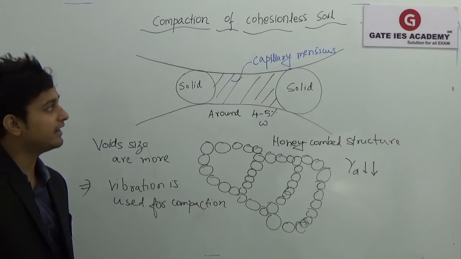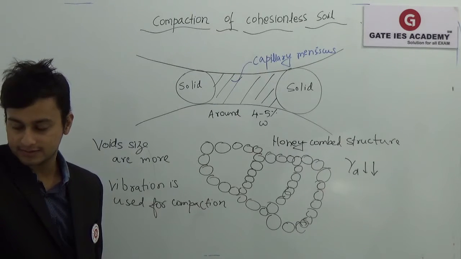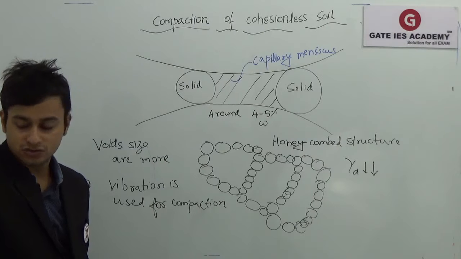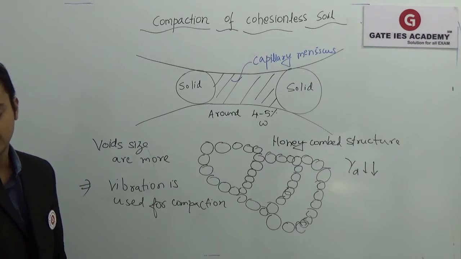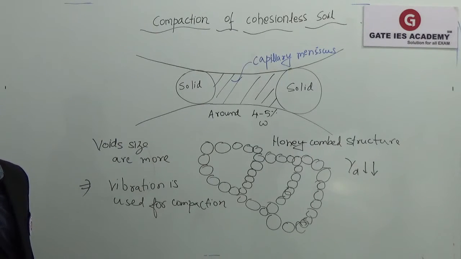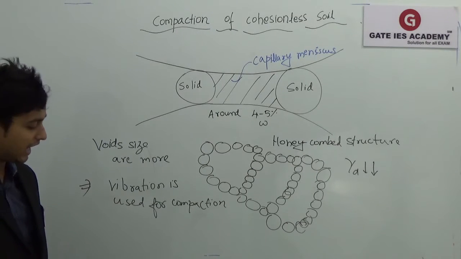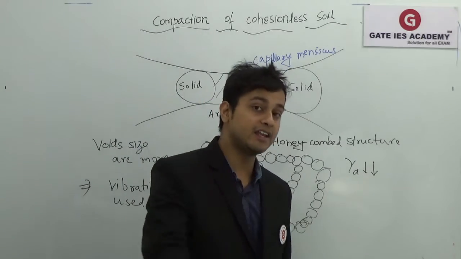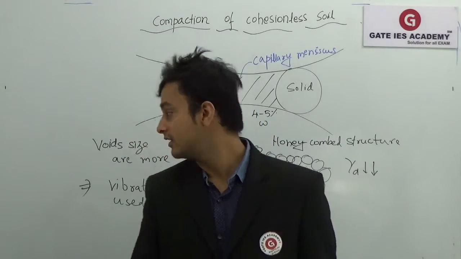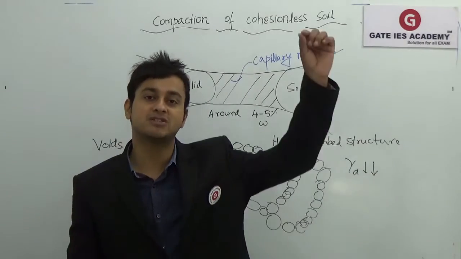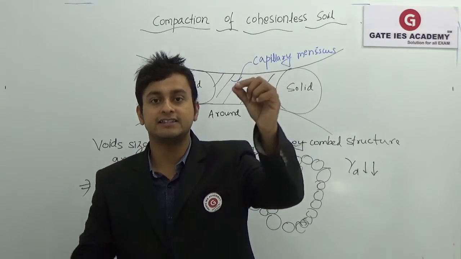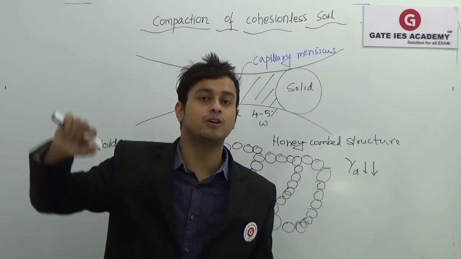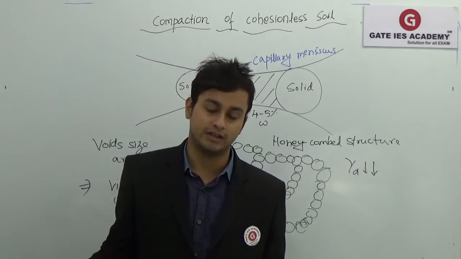Hence, gamma D slowly increases. Full stop. Then write down, maximum density will be again obtained under saturated condition. So first it is maximum in dry condition, then it will decrease, and then again it will come back to the original value when it is saturated.